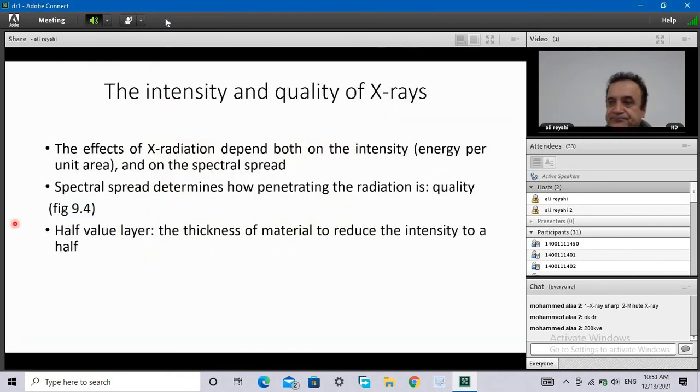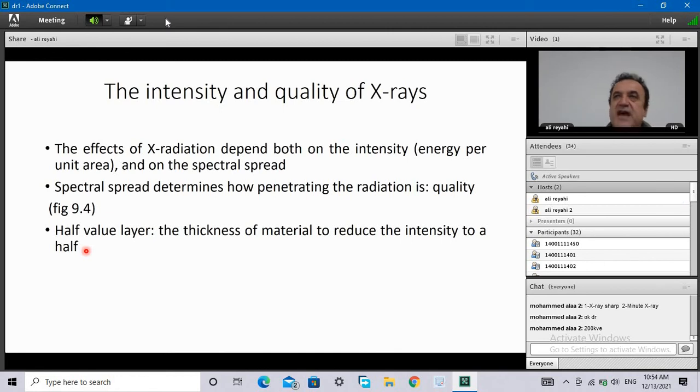Again, I want to finish this slide and to finish my class today. Spectral speed determines how penetrating, how powerful radiation is. This is the quality. Quality means kayfiyat, not kamiyat. Kayfiyat of X-ray.